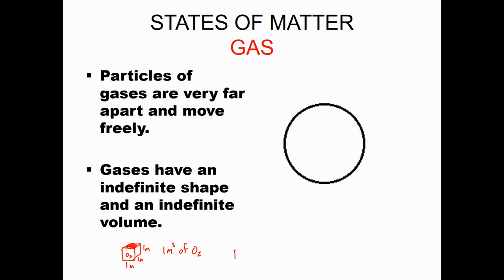Well, if I open that box, and the oxygen goes out, so I've opened the box, the O2 now leaves. Well, it's actually going to expand, and it's going to take the shape of its new container. If that new container happens to be the Earth, it's going to spread out, and all those molecules are going to diffuse as far apart from each other as they can. And so I can no longer say I have a cubic meter of O2. I've now opened it up, right?